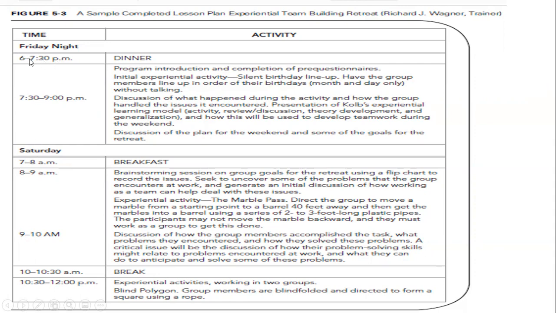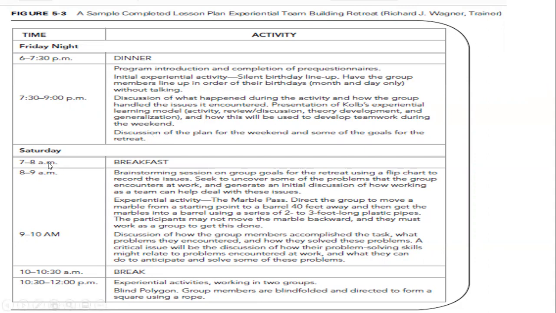At one point during the Friday night, they will be having dinner, and from 7:30 to 9, they have a series of activities to perform. And right after the activities, a discussion of the plan for the weekend and some other goals for the retreat are discussed, so that as you go home and prepare for the next day's activities, you will still be incubating it in your mind.